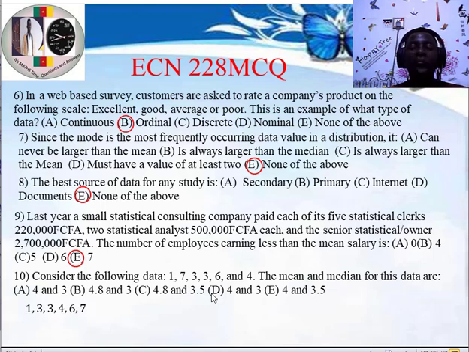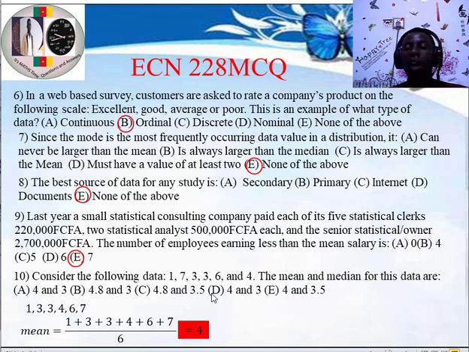The mean is simply we add all of these numbers and then we count how many numbers there are and we divide the result by that. So we are going to have 1 plus 3 plus 3 plus 4 plus 6 plus 7 divided by how many numbers there are: 1, 2, 3, 4, 5, 6. 6 numbers. So we are going to have an answer of 4. So the mean is 4.